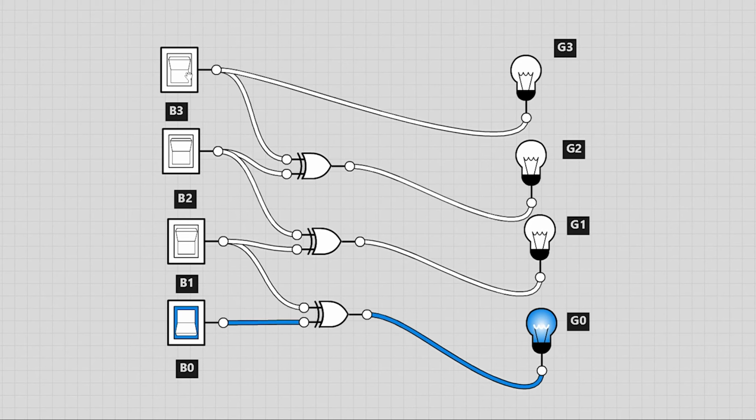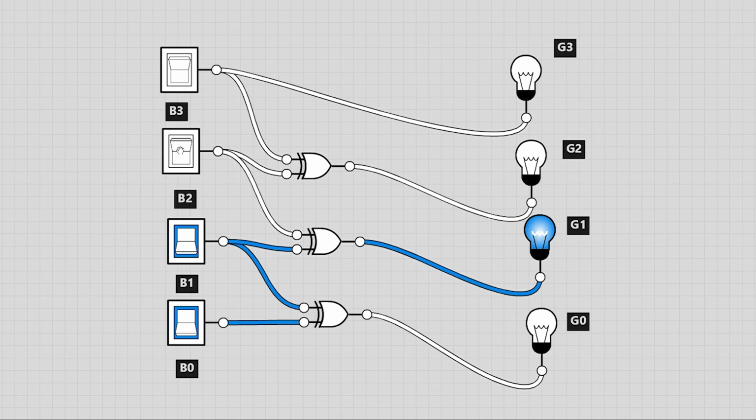And when B3 is 0, B2 is 0, B1 is 1, B0 is 0, the outputs are G3 is 0, G2 is 0, G1 is 1, and G0 is 1. And when B3 is 0, B2 is 0, B1 is 1, and B0 is 1, the outputs are G3 is 0, G2 is 0, G1 is 1, and G0 is 0.